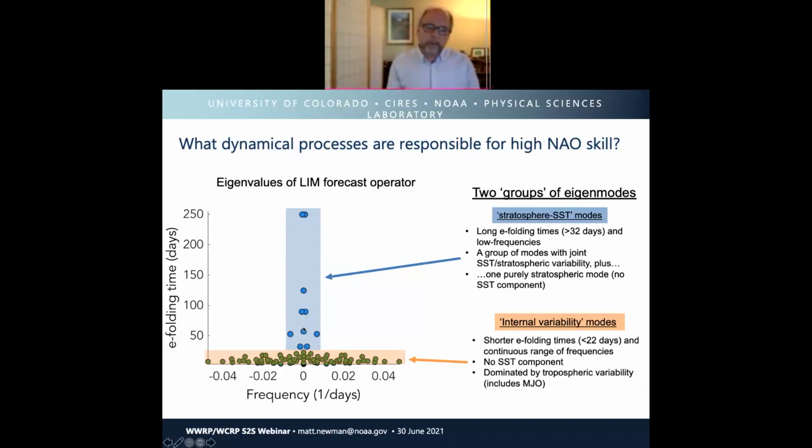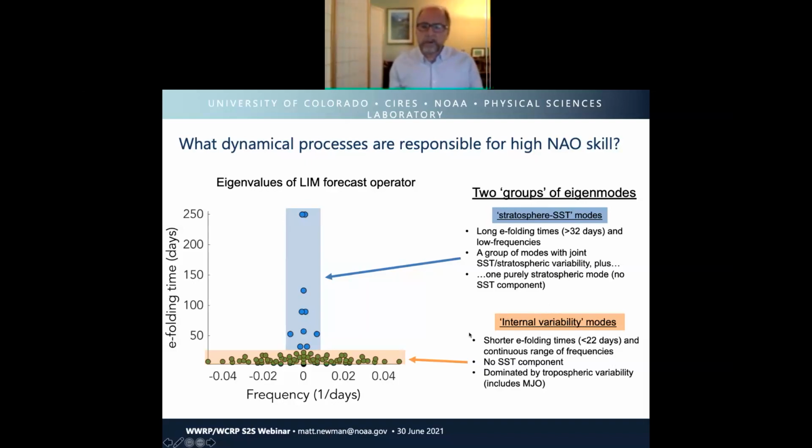They have very low frequencies, so they evolve very slowly. They also tend to have fairly large anomalies in the SST and stratospheric components of the state vector. There's one which is actually purely stratospheric, with no SST component, which is quite interesting. I'll show that in a second.